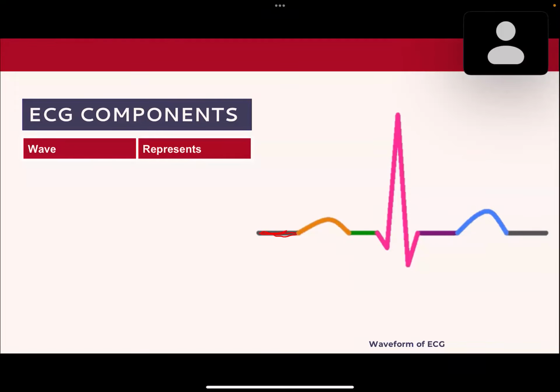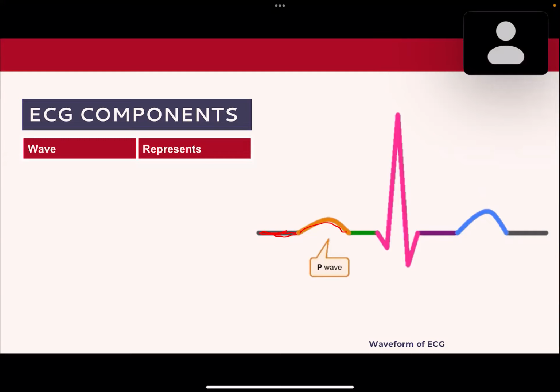You have probably already seen this. What is this wave called? The yellow one. P wave. Exactly. What does it represent? If we go back to the video I showed you of the heart contracting, the first thing that was happening is the atria contracting.